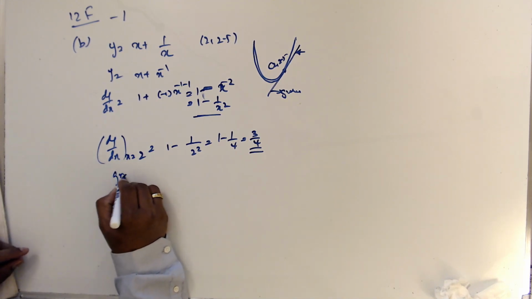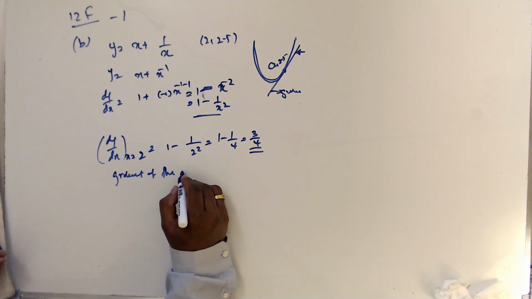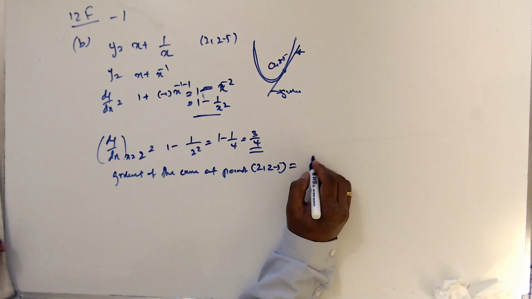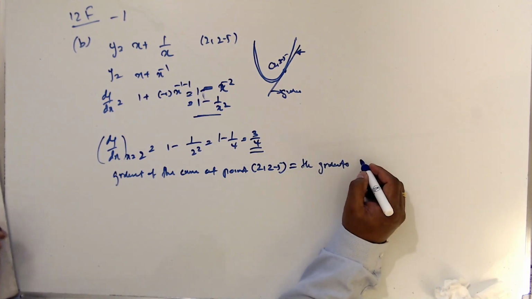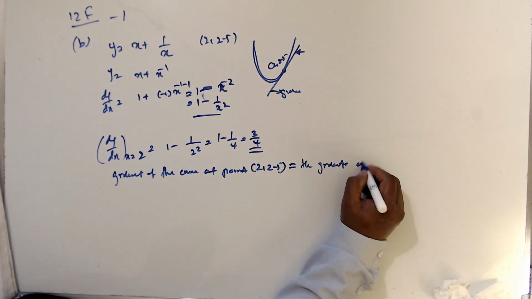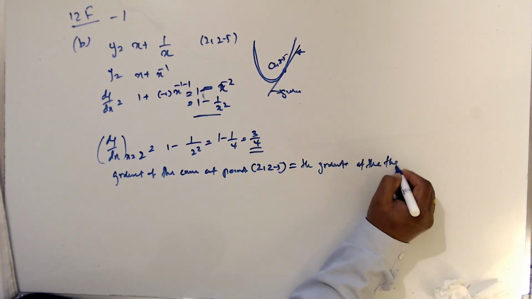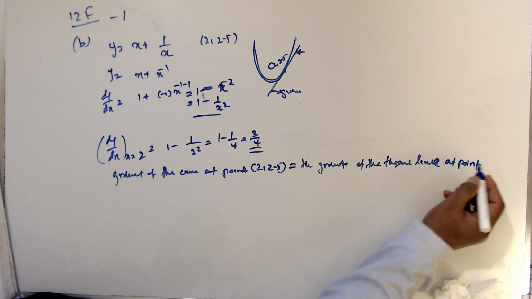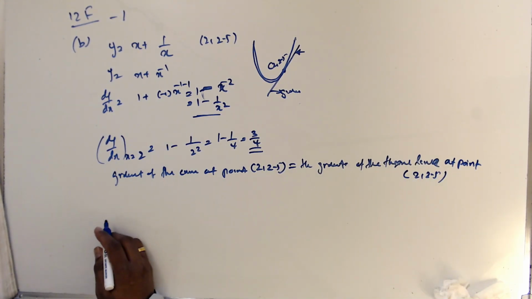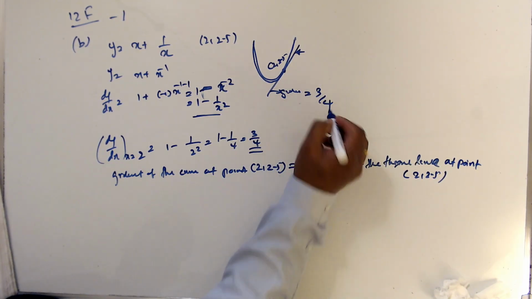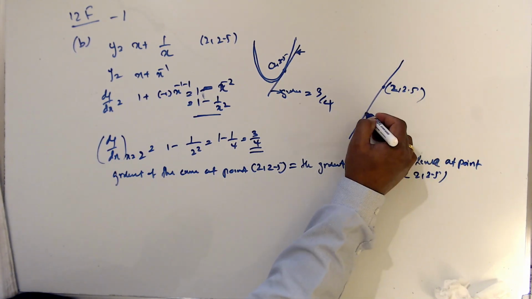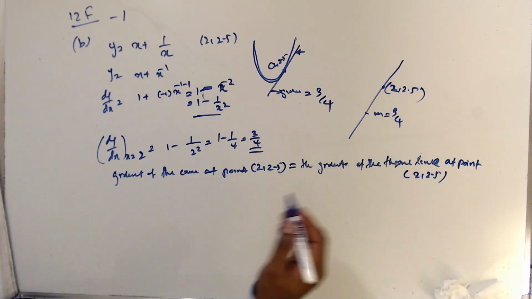So the gradient of the curve at the point (2, 2.5) is equal to the gradient of the tangent line at that point, 3 over 4. Now you know how to write the equation of a line.